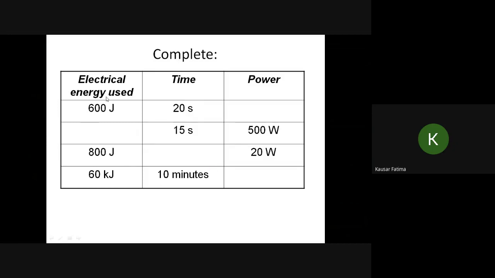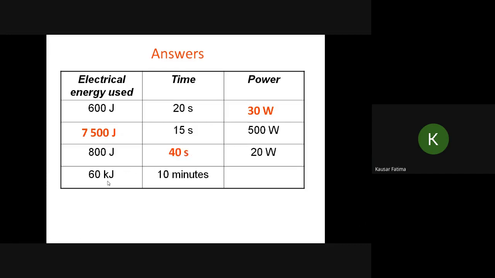Here, electrical energy used, power is to be calculated, time is given. So the answer, let us see. 30 watts, 600 divided by 20 is 30. Power is given, time is given, so energy can be calculated. So 7500 comes here. Time can also be calculated using this.